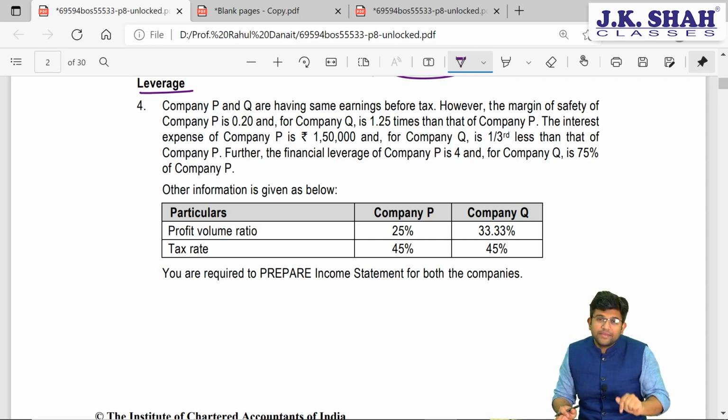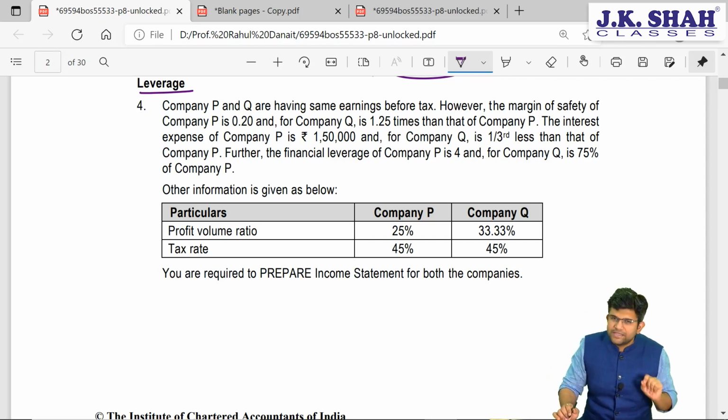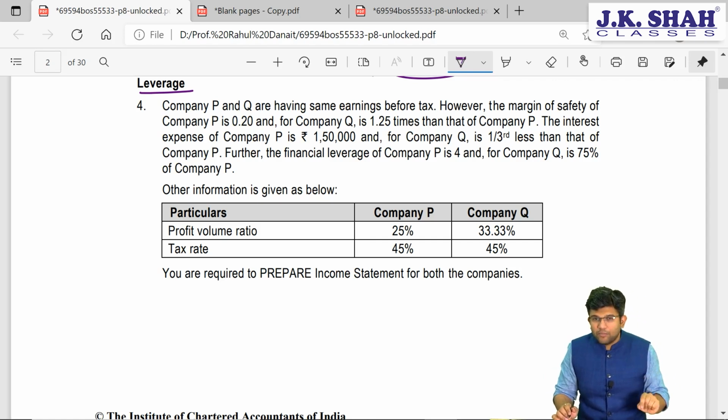But in this question, there is an application of a concept called margin of safety, which was introduced by the CA Institute in your study module recently. I would want you all to first understand the concept of margin of safety. Only then can we understand this question.